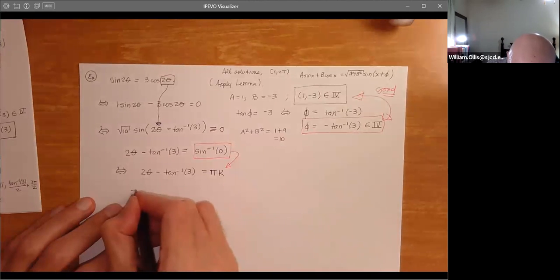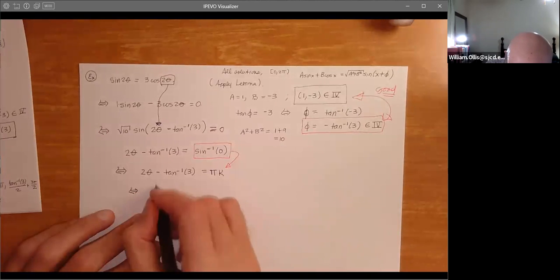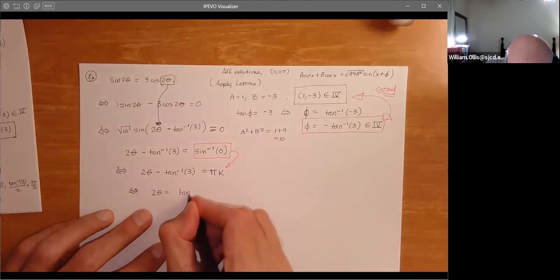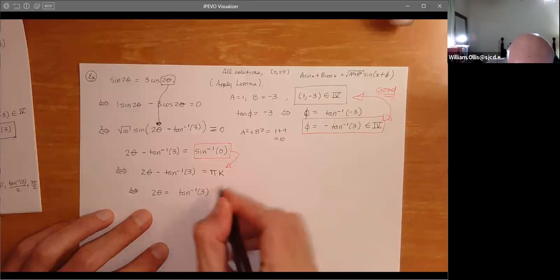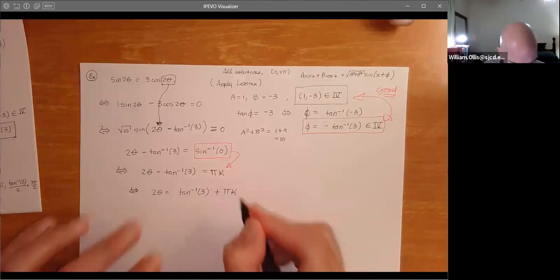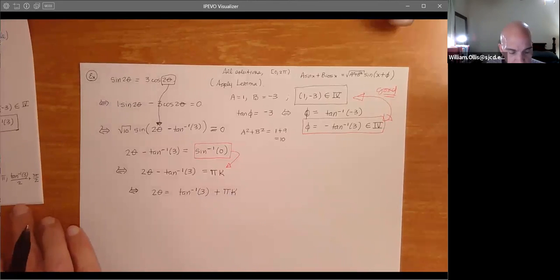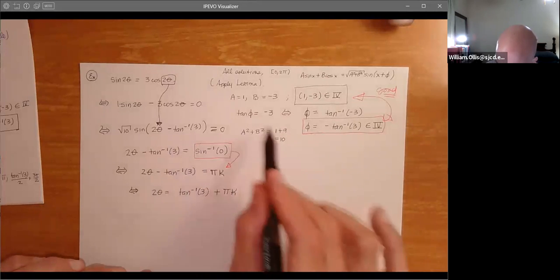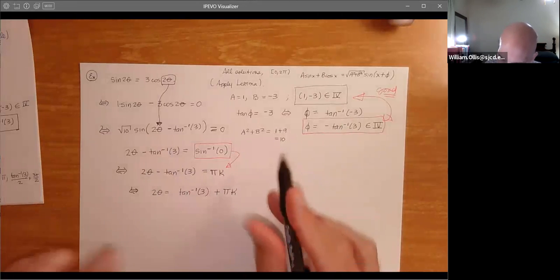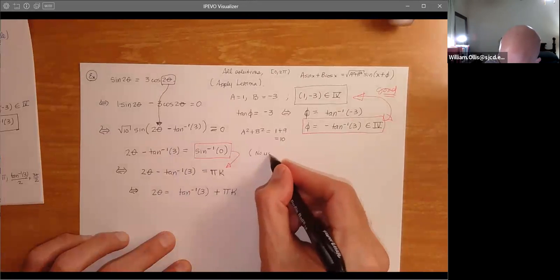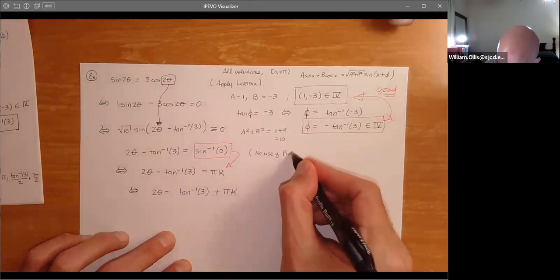So equivalently, 2 theta equals inverse tangent of 3 plus pi k. And now we can divide by 2. Again, when you think about this, always navigate everything step by step. Say, I don't need Professor Ron's lemma, so just write this in: no use of Professor Ron's lemma.